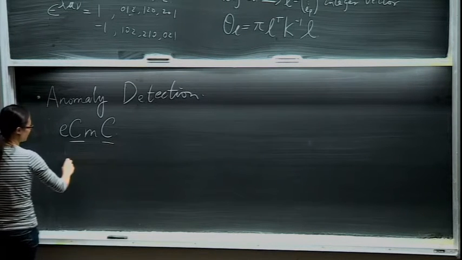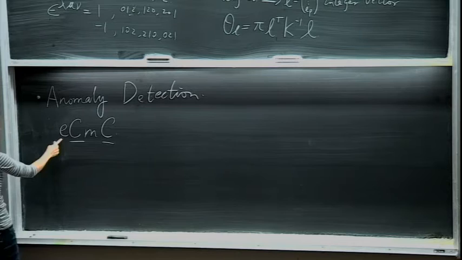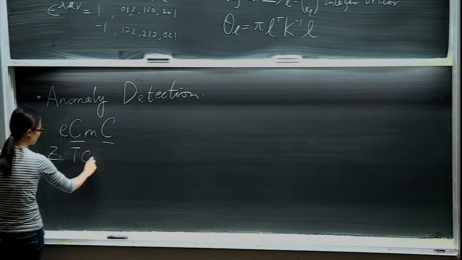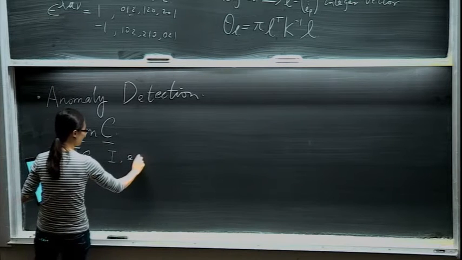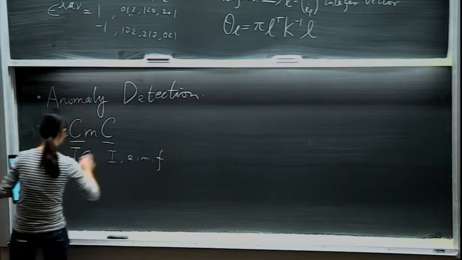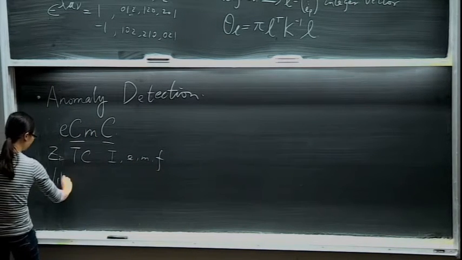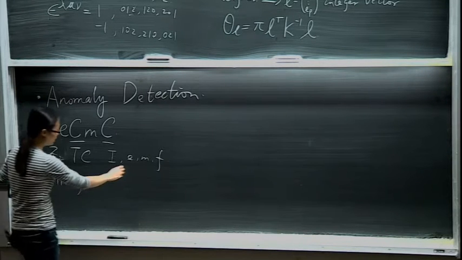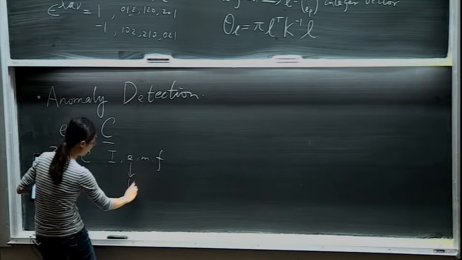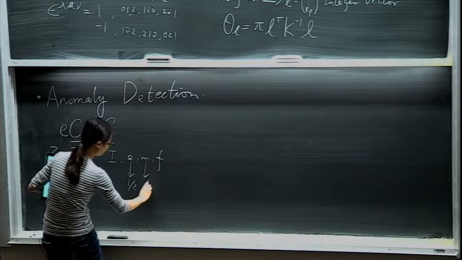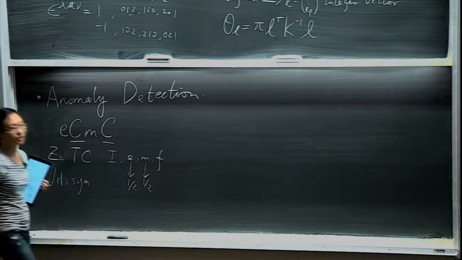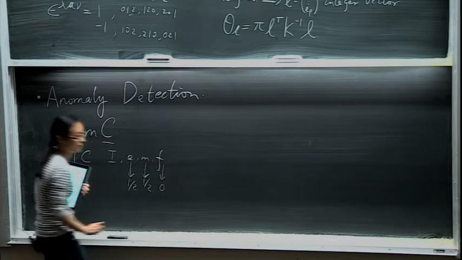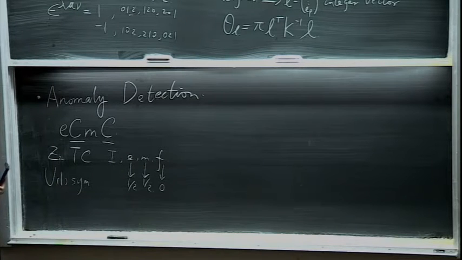We have a U1 symmetry, and also we have the Z2 toric code with identity, E, M and F, and we have a U1 symmetry where E carries half charge and M carries half charge. And of course, if these two carry half charge, F doesn't carry half charge. I'll just write a 0, which just means integer charge.